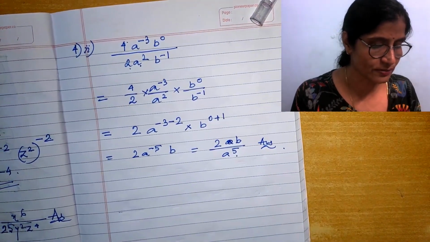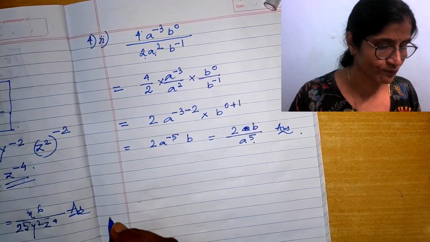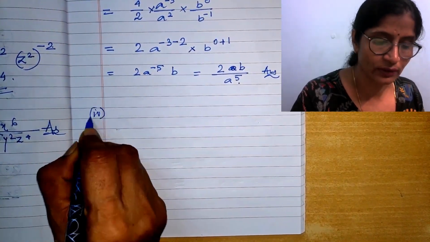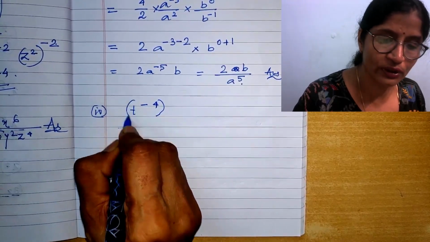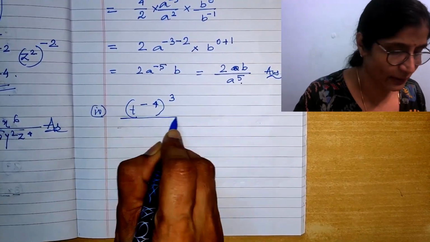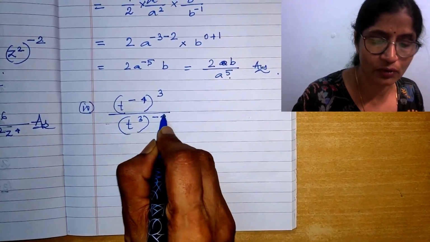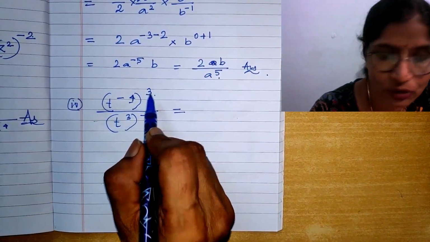Next sum is, it is given, fourth one, that (t to the power minus 4) whole to the power 3 divided by t to the power 3 minus 4, that is equal to what? Power to the power, so multiply the power.